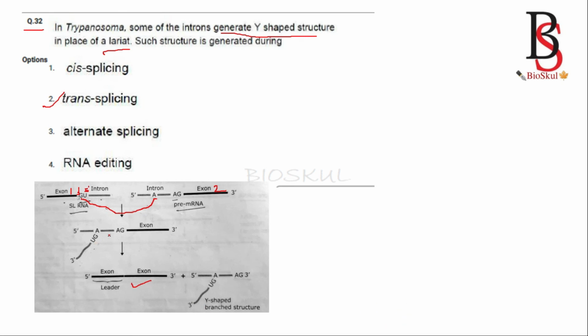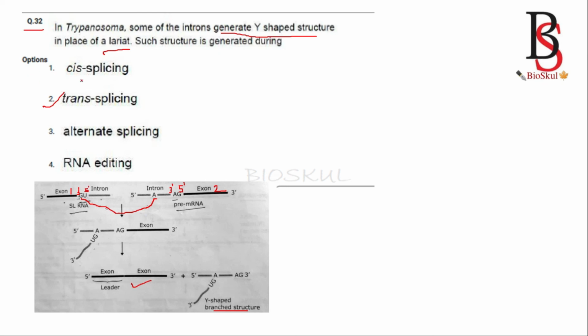And in the next transesterification step, what will happen? The bond present between the 3' end of the intron and the 5' end of the exon exchanges in transesterification with the 3' end of exon 1. That's why the two exons will join together and a Y-shaped structure gets released.